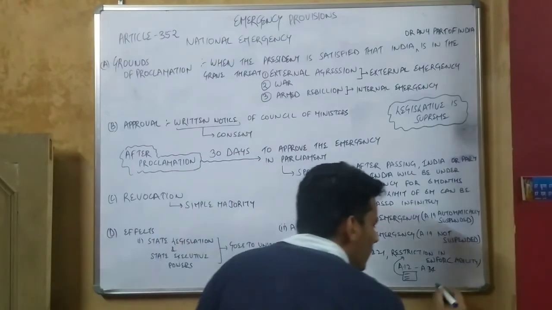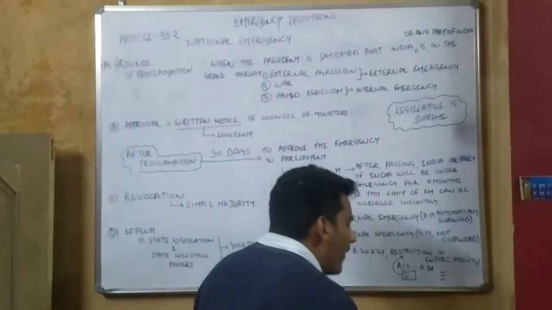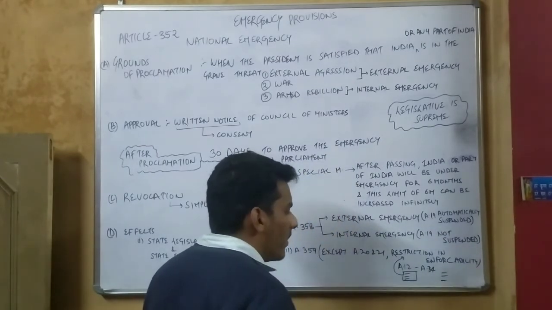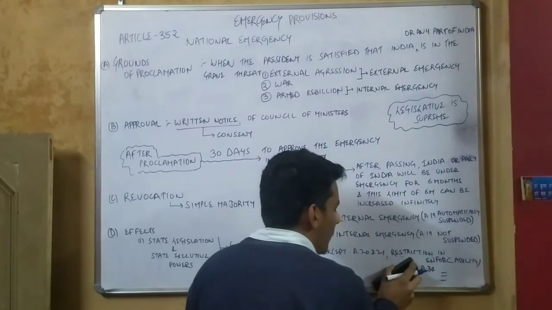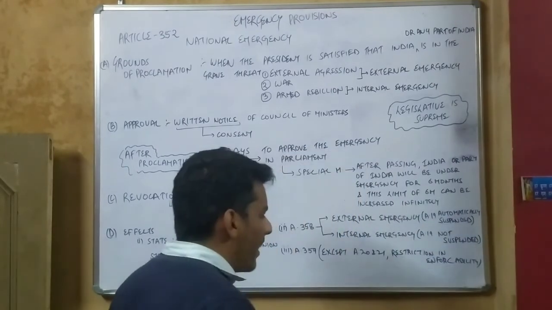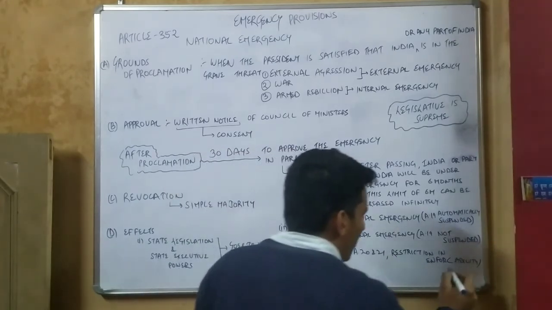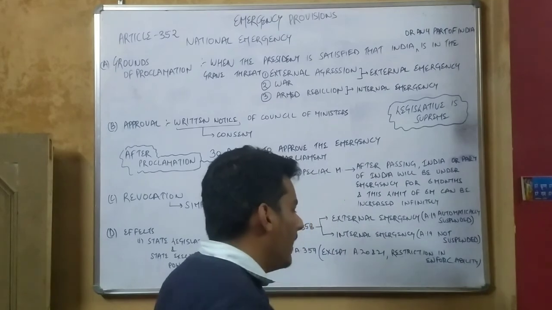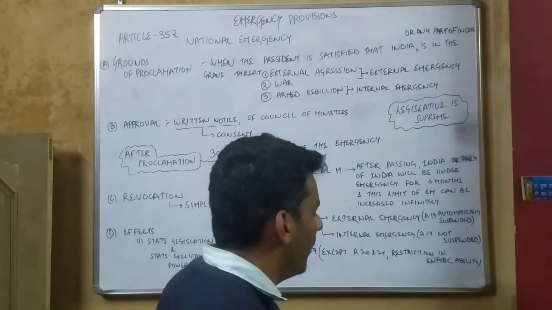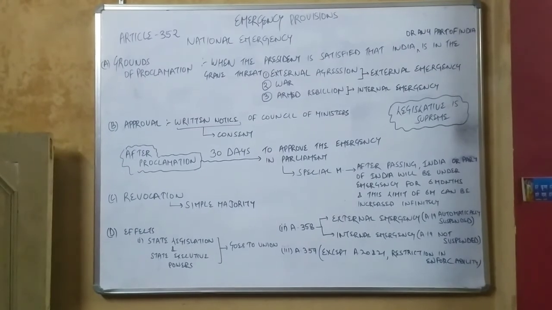There could be some fundamental rights that are restricted for enforceability, and there could be every fundamental right except Articles 20 and 21 that are restricted for enforceability. So this provision is actually flexible. Not every fundamental right is restricted in enforceability. There could be every one, but this restriction will be addressed under the president's guidance, right? So this is the thing.